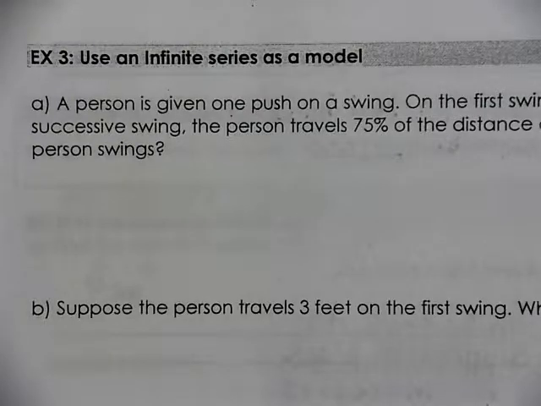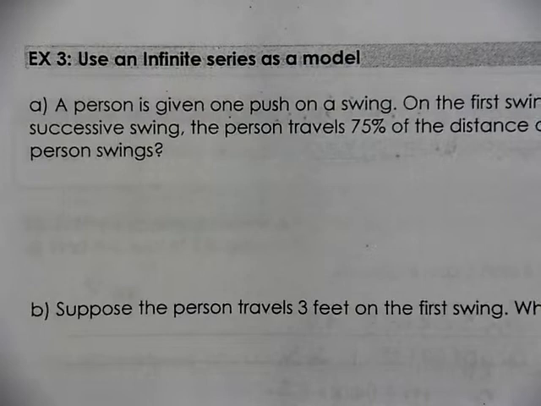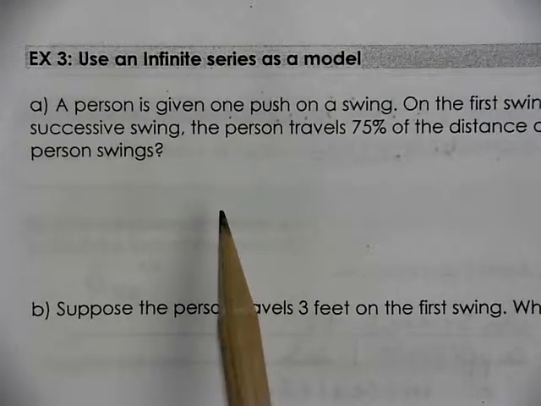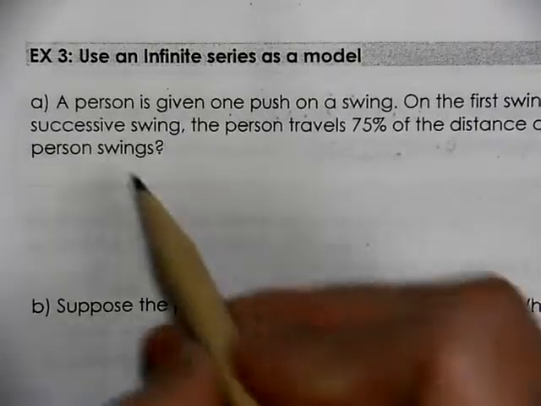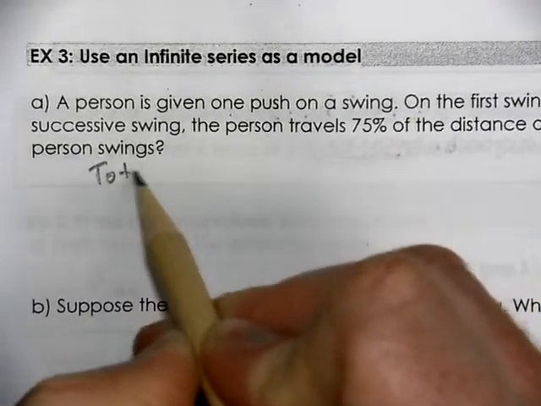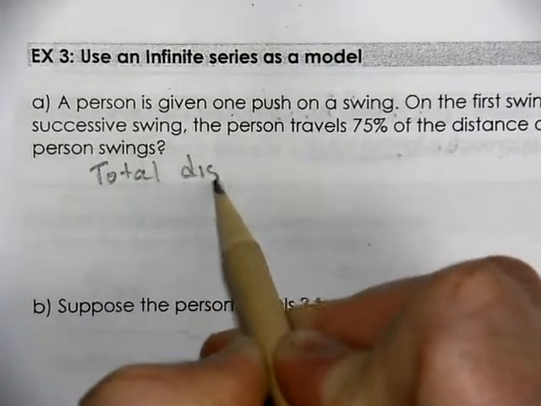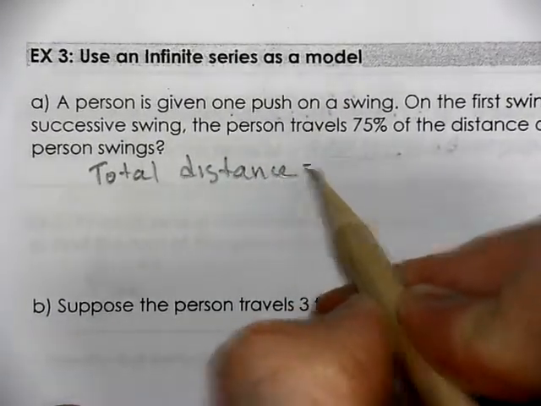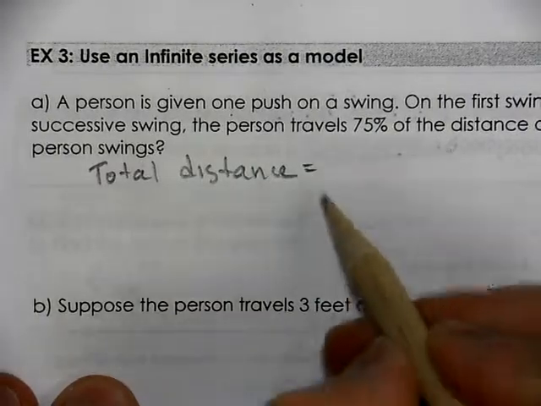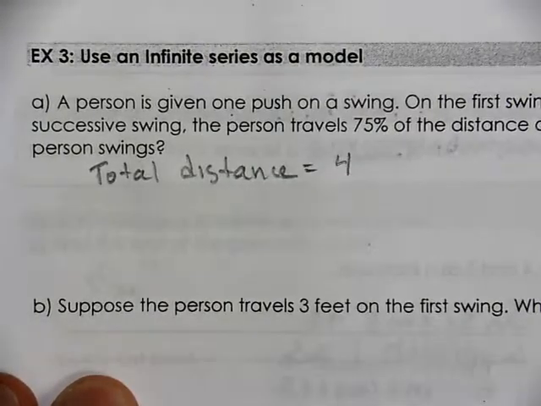Mathematically, we could continue that on forever. It just goes on, and 75% of that number, and 75% of that number. We know with gravity and so forth that the swing is eventually going to stop. But for a while, the total distance can be calculated. We're going to start with 4.